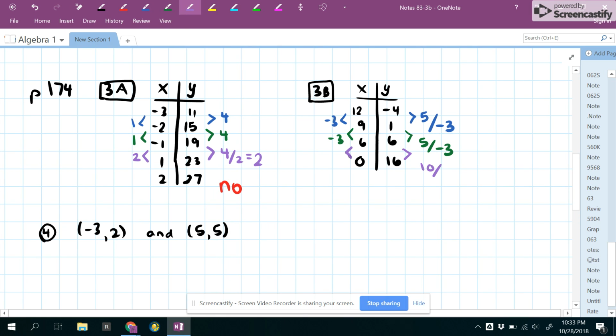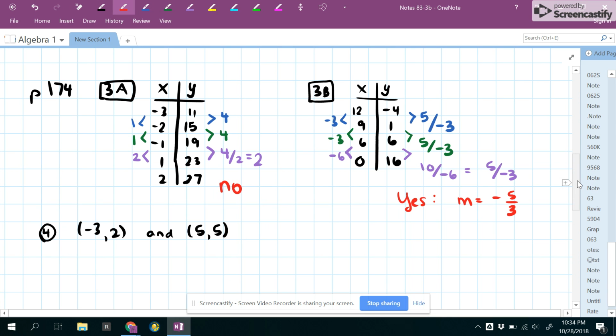But 6 to 0 is -6. And if you reduce that, you get 5 over -3. So all three of these changes are the same. So yes, it is linear, and our slope is -5/3. If you wrote that as 5 over -3, that is the same number.